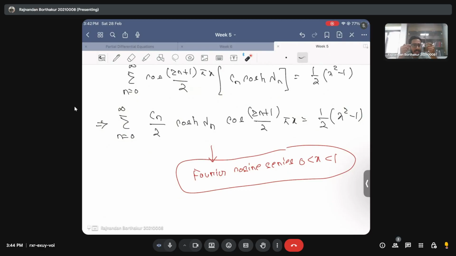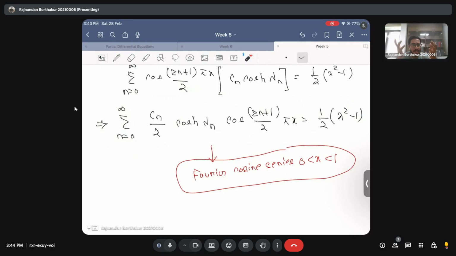These cosines and sines are known as orthogonal functions in the interval minus pi to pi. So the point is, for any function in the half interval, you can write a Fourier sine series, and you can also write a Fourier cosine series. Here it so happens that this series becomes a Fourier cosine series, but sometimes you can encounter a function for which you have a Fourier sine series, and accordingly you then need to calculate the Fourier sine coefficients for that particular series.